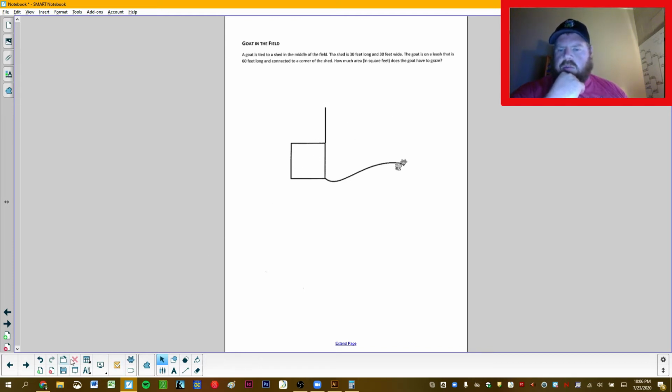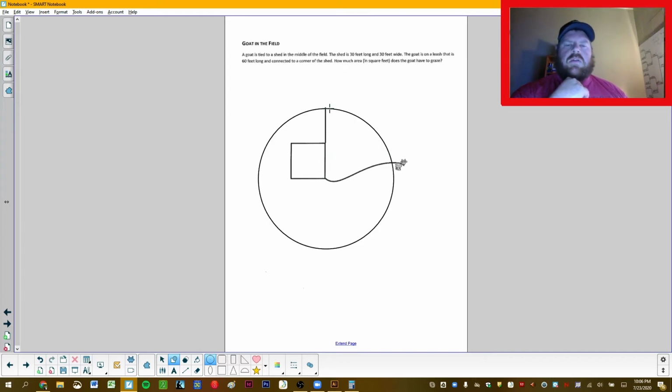Okay, that should do. The way that I recommend doing this is, I think a compass would be really handy for this problem, to make circles that show you where the goat can go.